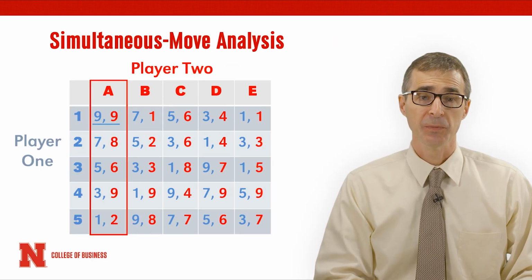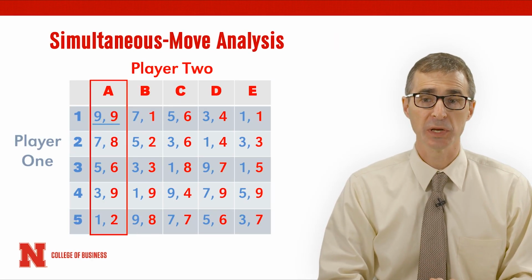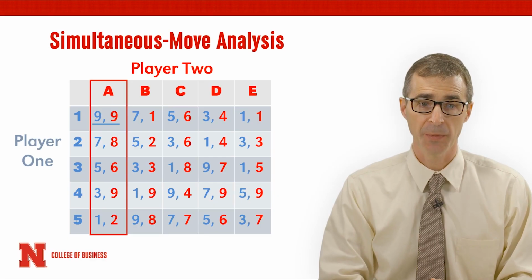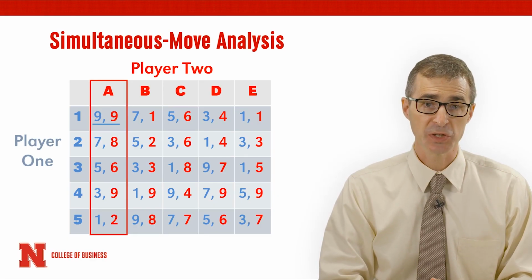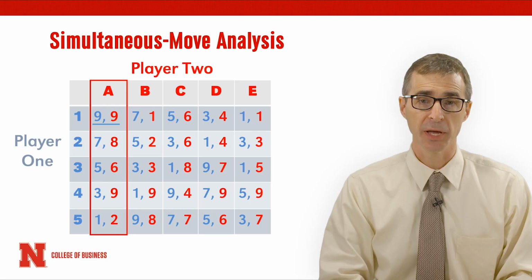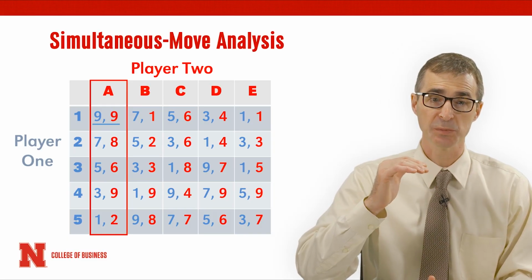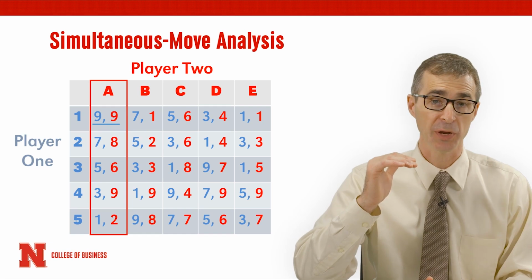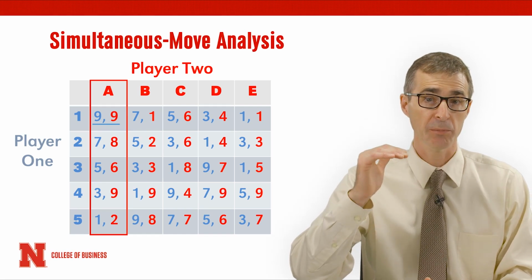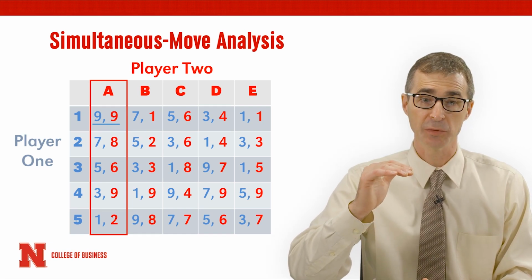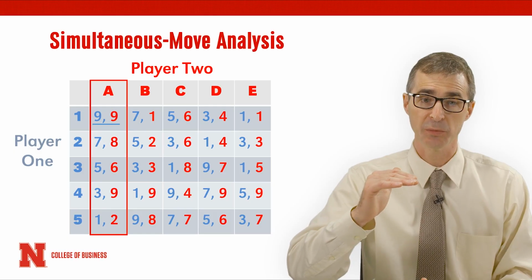For example, let's suppose that player 2 is pursuing strategy A. What would be player 1's best response? If player 1 chooses strategy 1, the payoff to player 1 would be 9. If player 1 chooses strategy 2, their payoff would be 7. Strategy 3, the payoff would be 5.